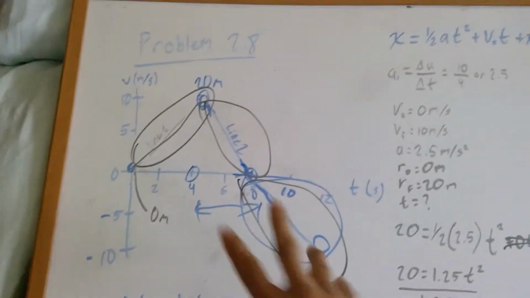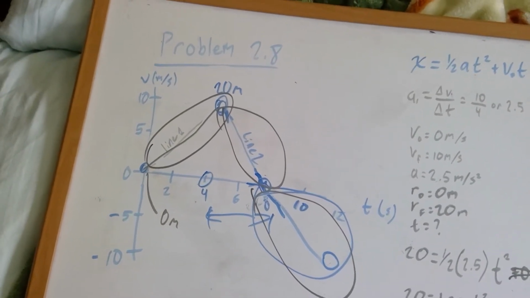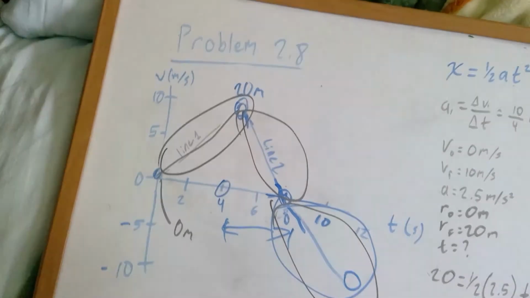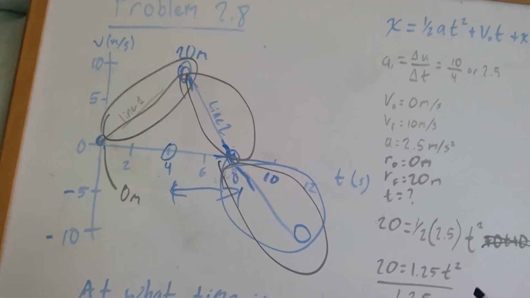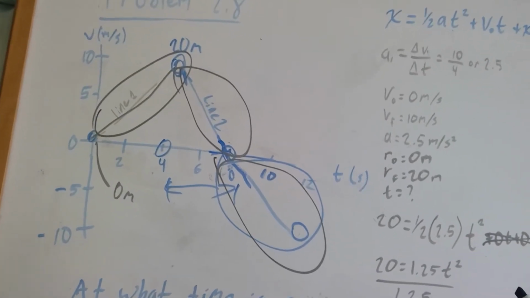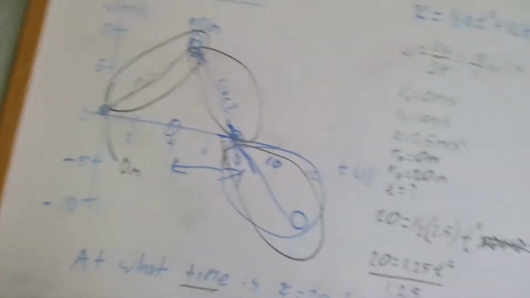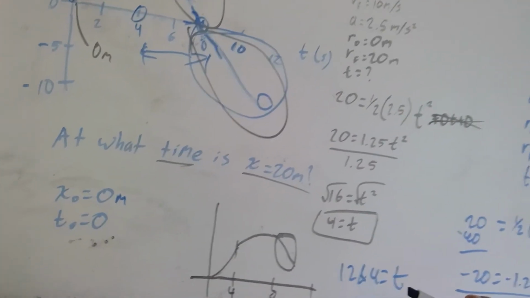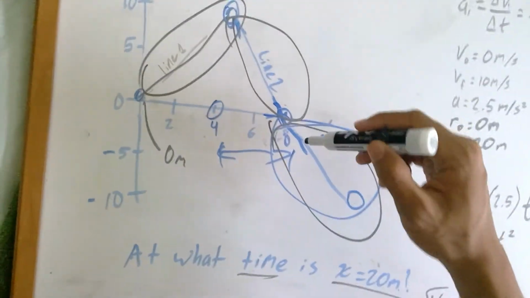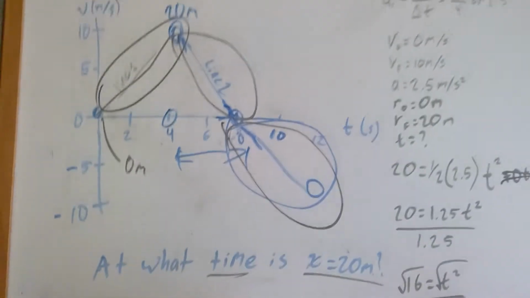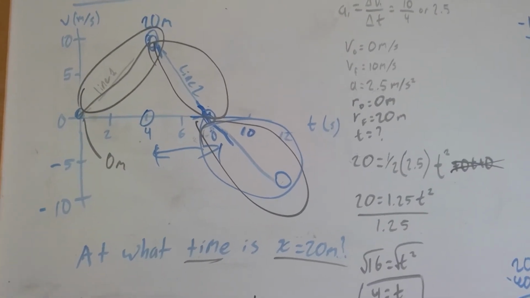Each of those parts has the exact same acceleration, and their initial and final velocities are basically interchangeable, because they go from 0 to 10, 10 to 0, and 0 to -10. Those are all pretty much the exact same values.